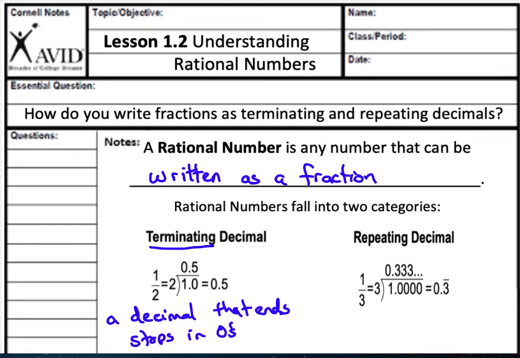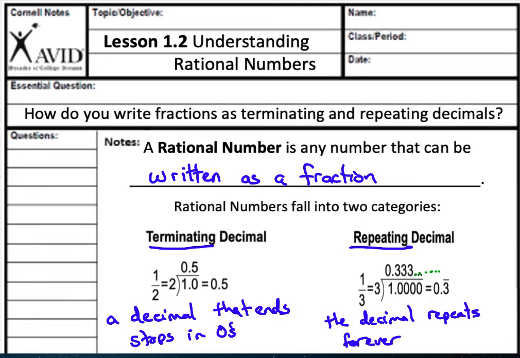The other type of rational number is a repeating decimal, and it's exactly what the name says. The decimal, or part of it, repeats forever. So like in this example here, we have 0.3333333.